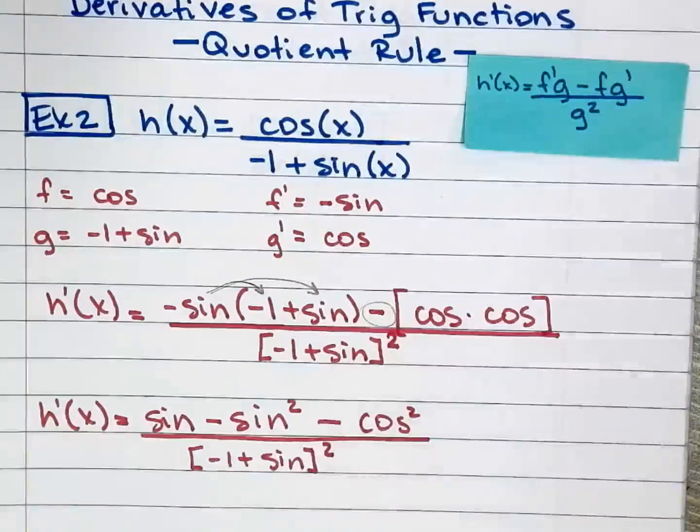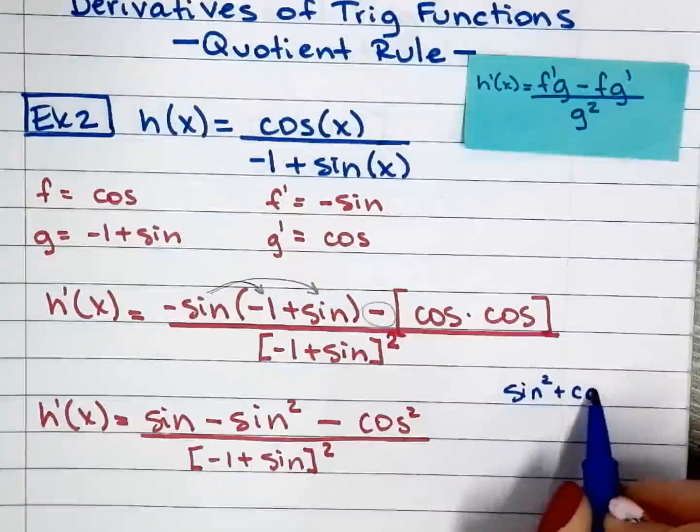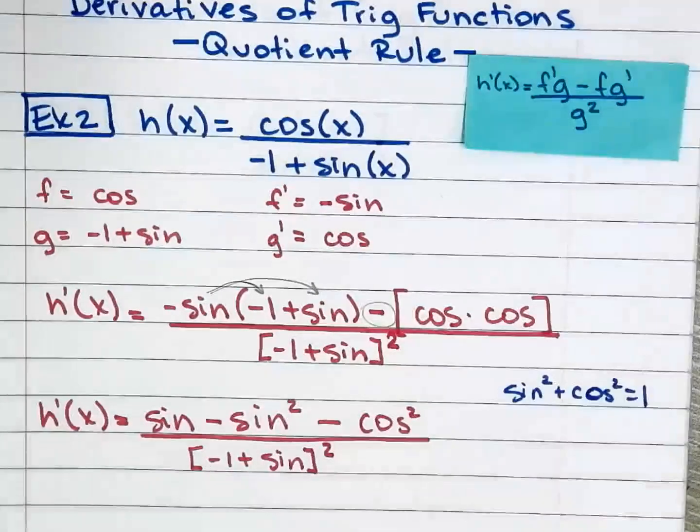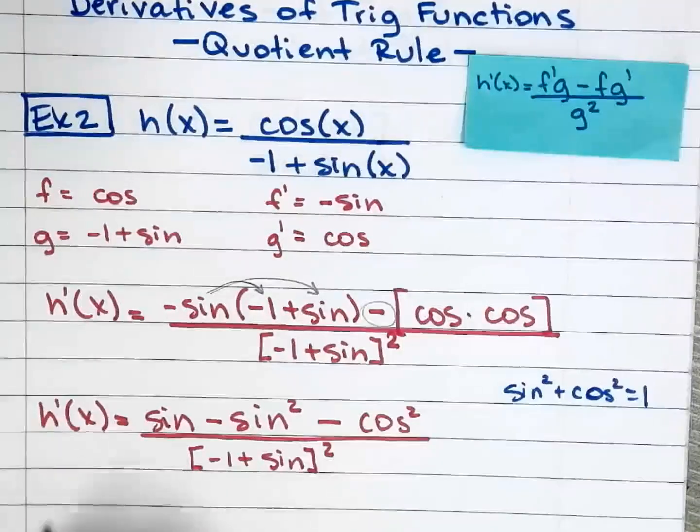So it will be the same thing as if I were factoring the negatives out. Side note right here. Sine squared plus cosine squared equals 1. So we're going to make this equal 1. But it's not equal 1 because it's negative. It's going to be positive sine, -1. Okay?